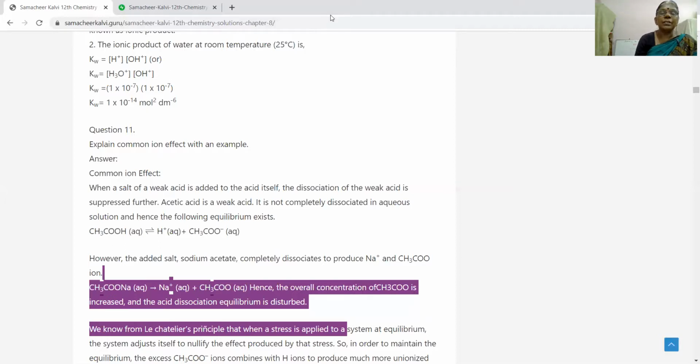Now, the question and answer we already saw, and I gave you the questions and answers in the form of a PDF, and you have to write and revise them. I gave you 10 questions for revision. The remaining questions are in the PDF, and you have to read and write them as a test.